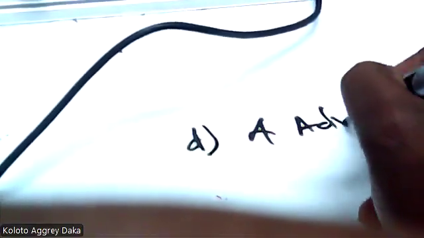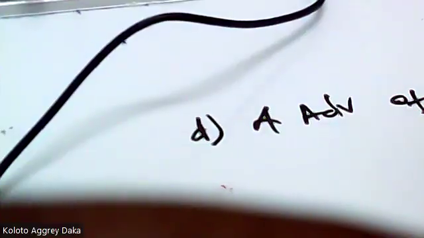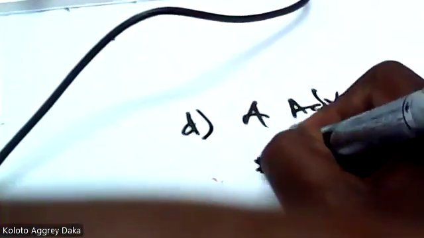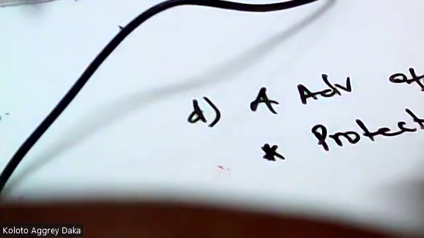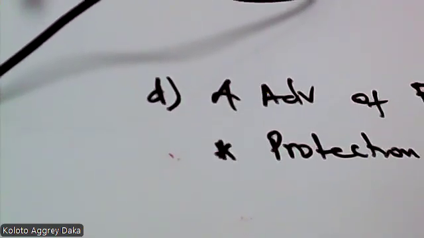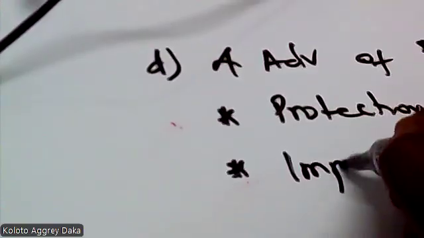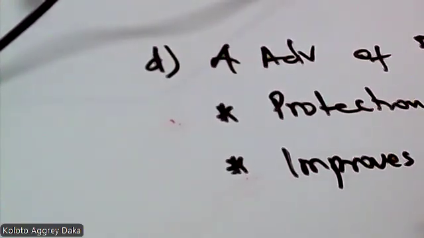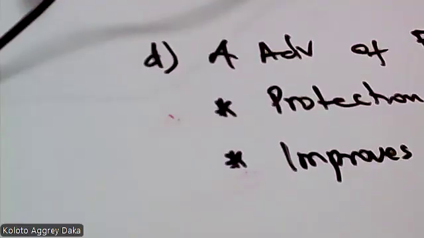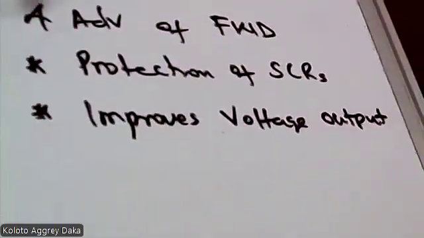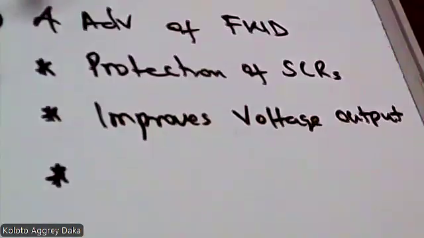4 advantages of the freewheeling diode. Number 1, we said what? Protection of SCRs. Good. Number 2, improves voltage output, not what you have written.